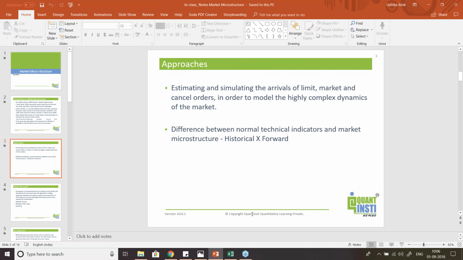So when we, okay, L1 data will have only the best bid and best ask, right? And L2 data will have the top 5 best bids and top 5 best asks. It's just that L2 data is more robust. You'll have a lot more data.